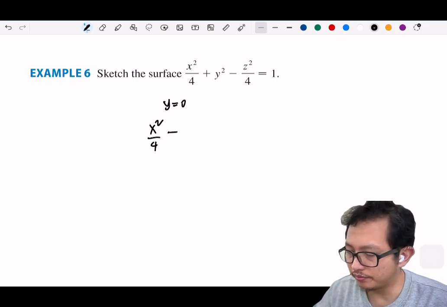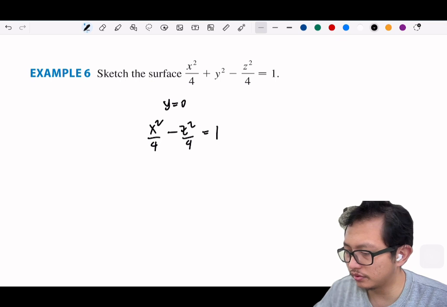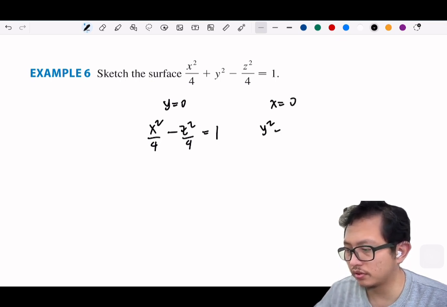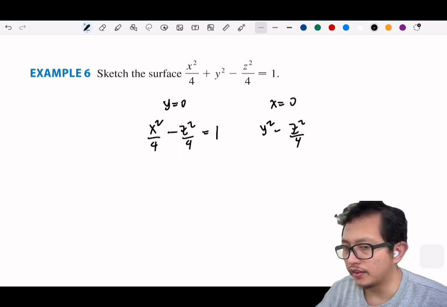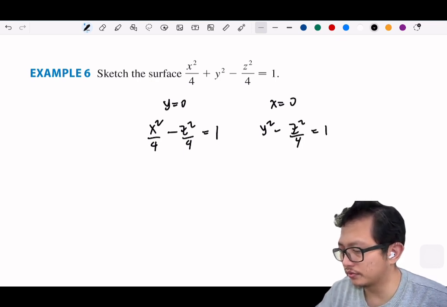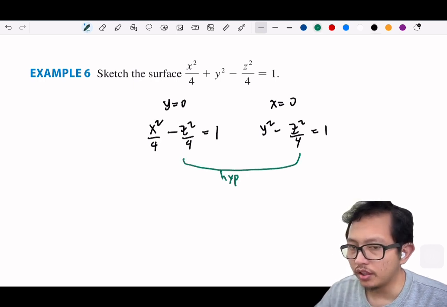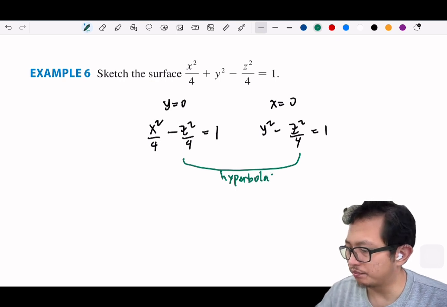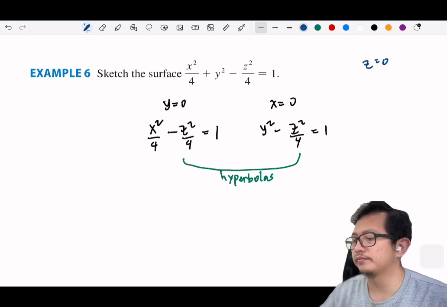So we could start by taking, let's say, y equals 0, and then maybe taking x equals 0, which gives you that both are hyperbolas, right?